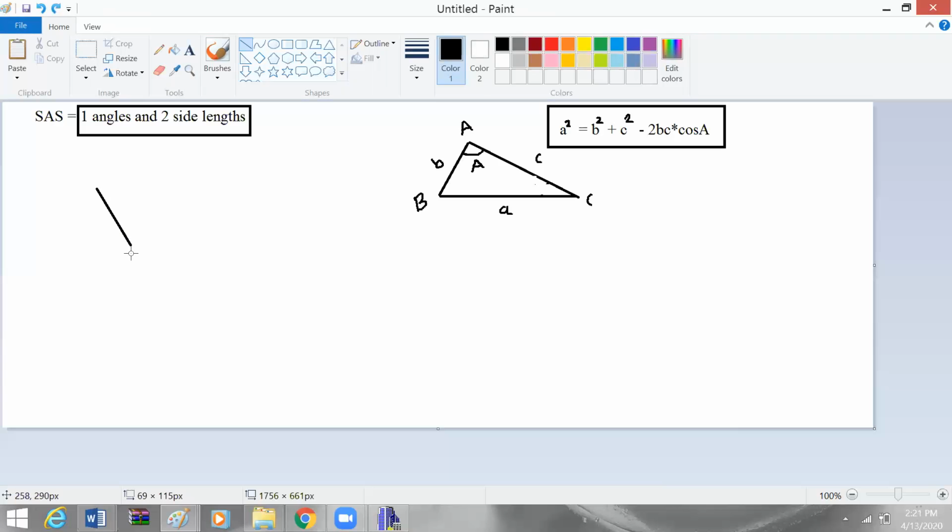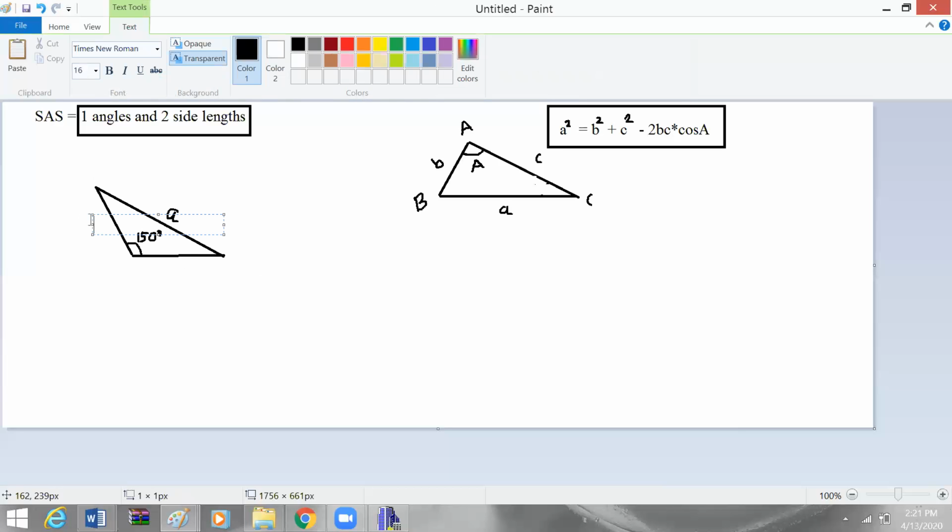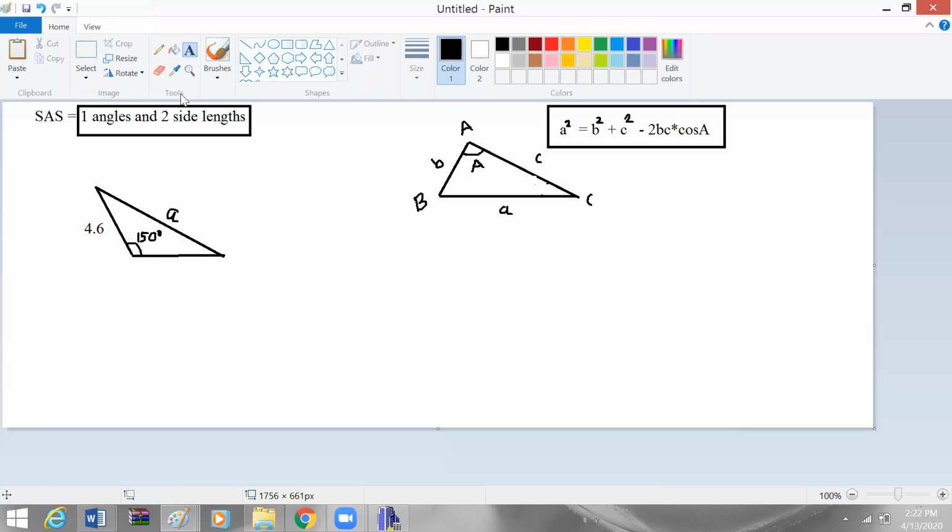It doesn't matter which triangle we take. Assuming this angle is 150 degrees, and I need to solve for this side length, given that this one equals 4.6 and this one is, let's say, 5.7, and we want to solve for a.